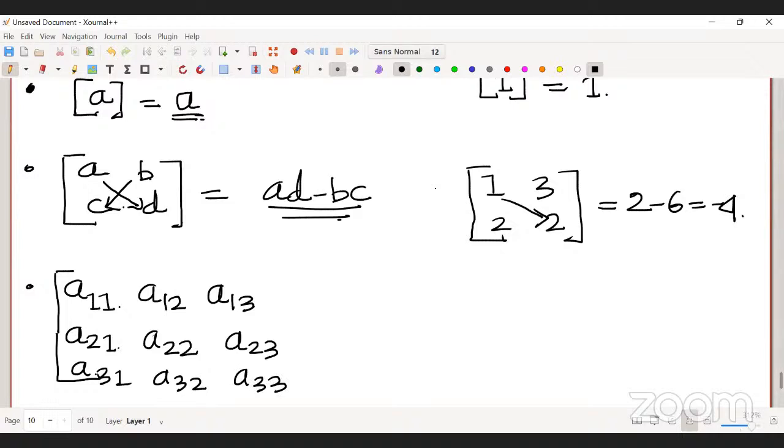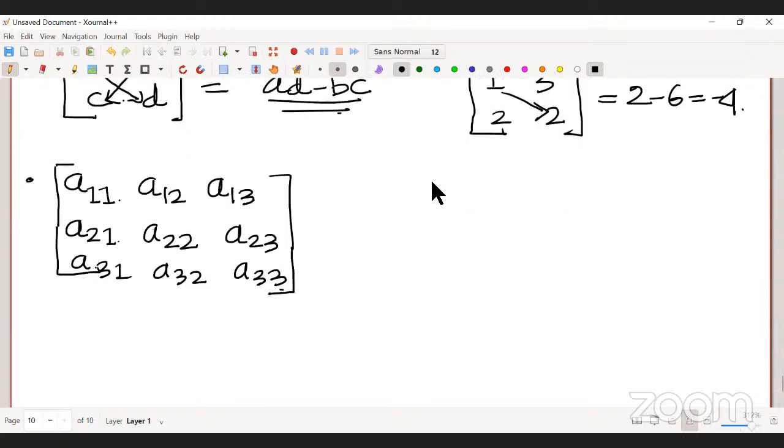So what is the use of calculating the determinant of any matrix? First of all, the determinant has a lot of uses, and probably the easiest use is that it will give you area or volume.